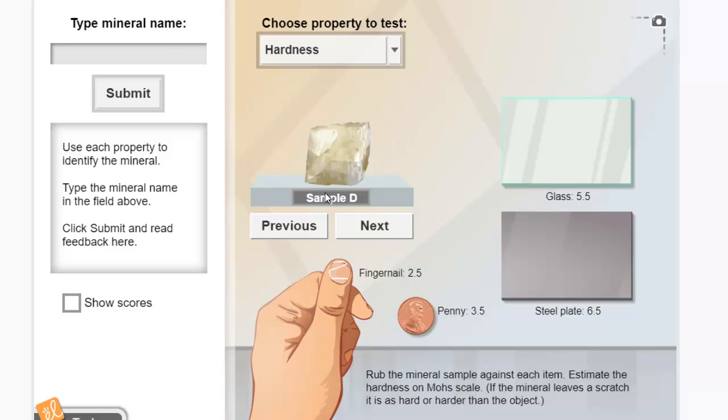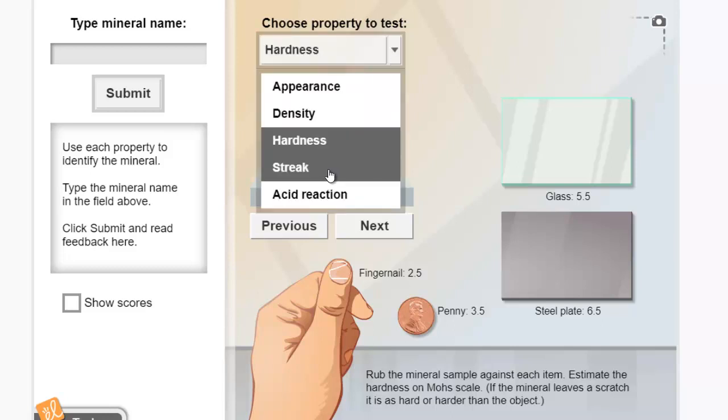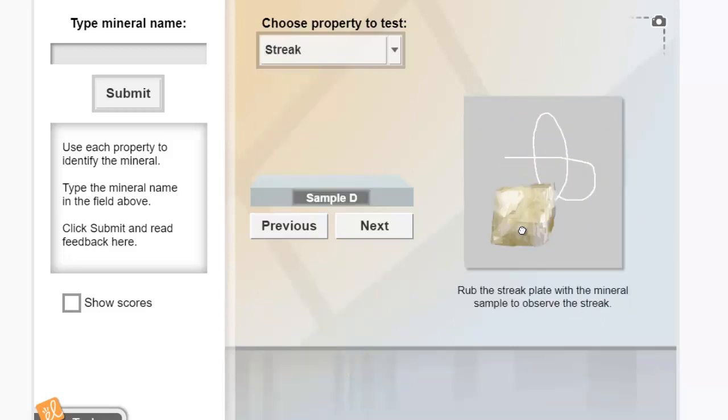So it's actually 3.0, because we know it's harder than the fingernail, but softer than the penny and won't scratch the penny. So on the mineral data sheet, you write 3 for hardness for sample D. For streak, just run it across the ceramic plate, and it's white. So the true color of this mineral is white.